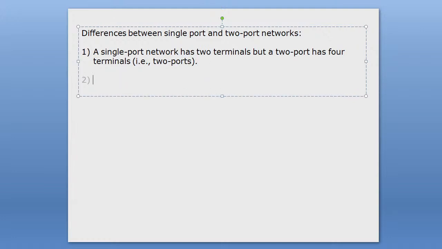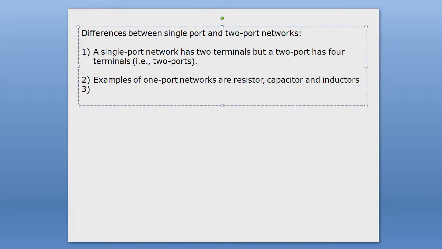And another difference, you just write the examples of one-port networks. One-port networks are resistor, capacitor, and inductor. You know these elements have only two terminals.